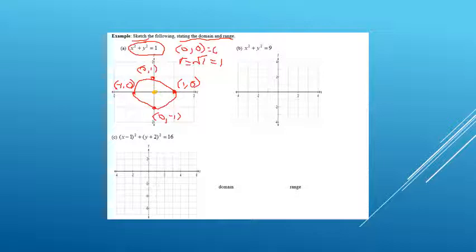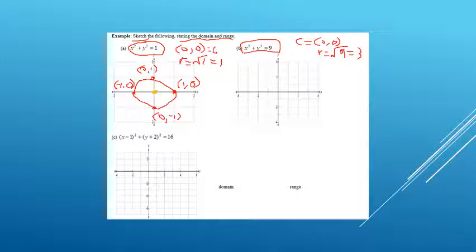Alright, when I look at the next example over here, we've got x squared plus y squared equals 9, so the centre of the circle is at the origin. And the radius of this circle is the square root of 9, which we know is 3.